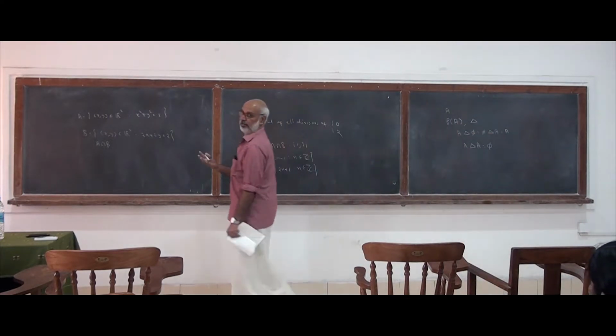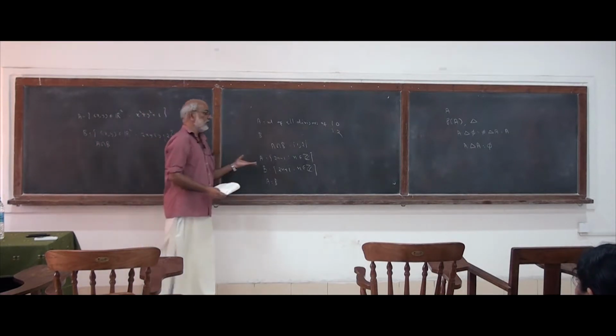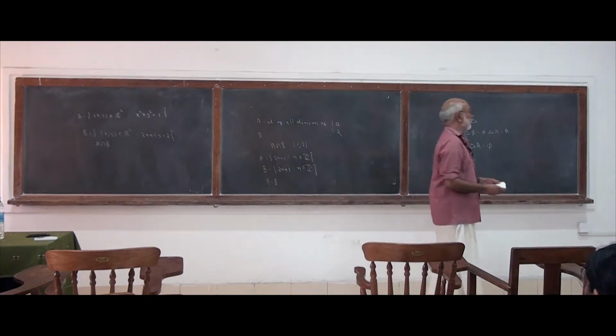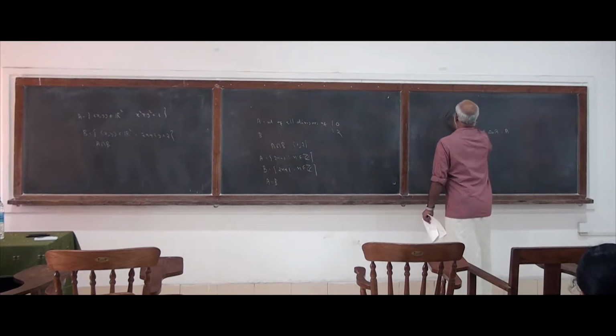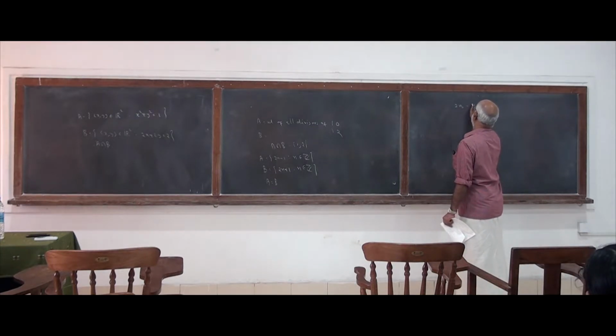How to prove that A is a subset of B? We take an element of A, and that will be of the form 2n naught minus 1.